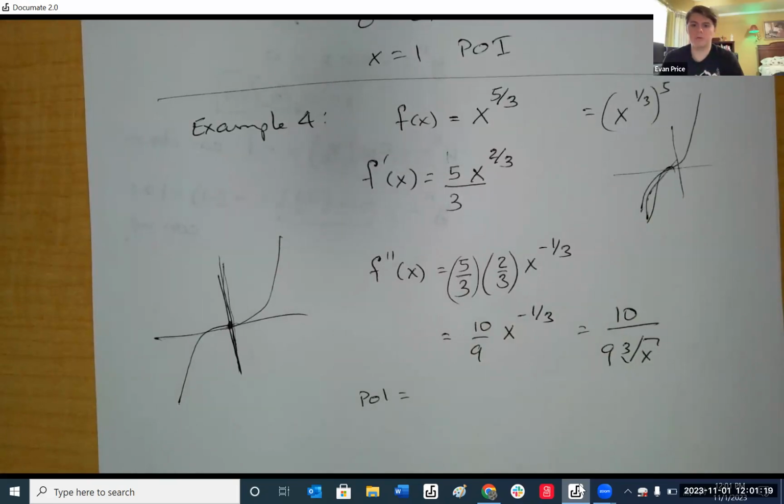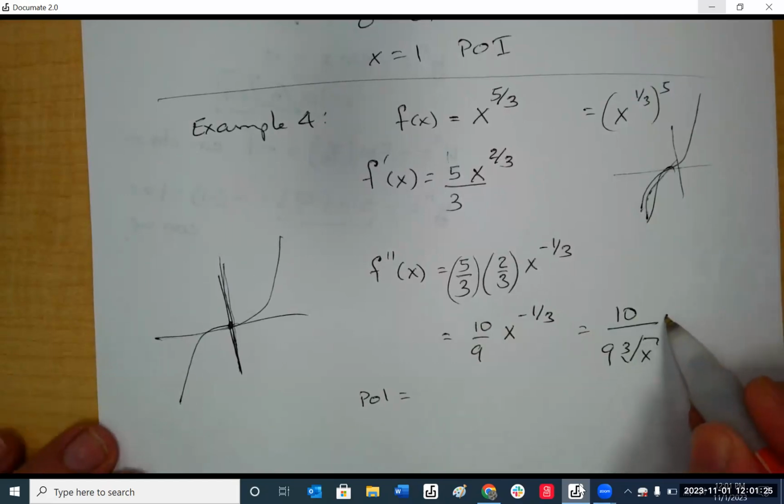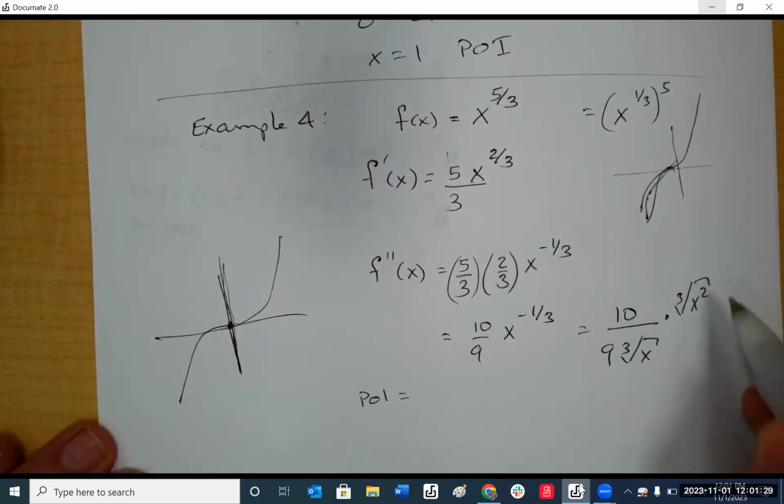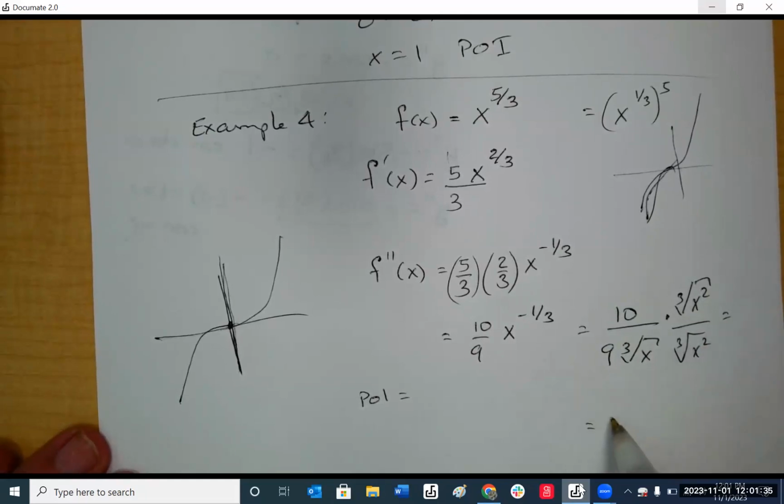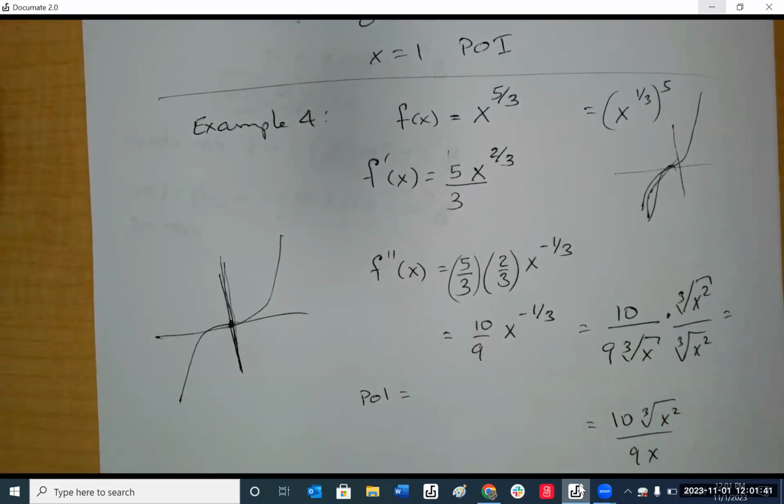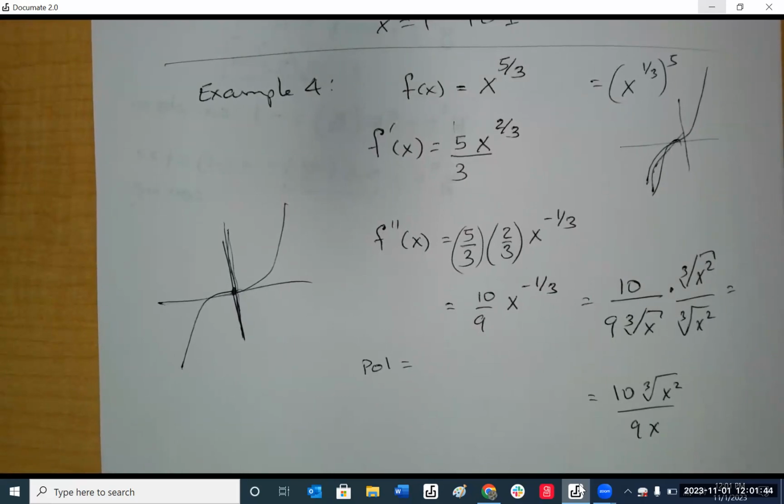So do you have to rationalize the denominator? Even if we did that, we couldn't get it, because if we multiply top and bottom by the cube root of x squared to rationalize it, we still can't use 0.